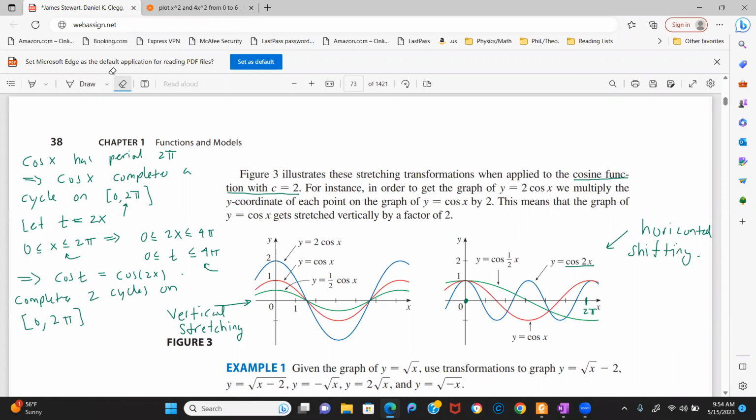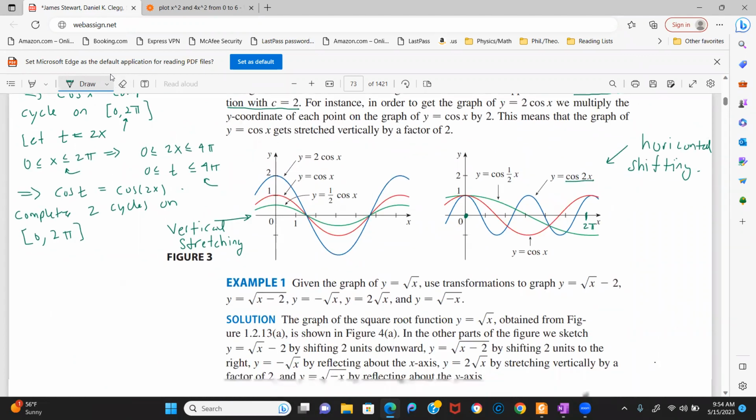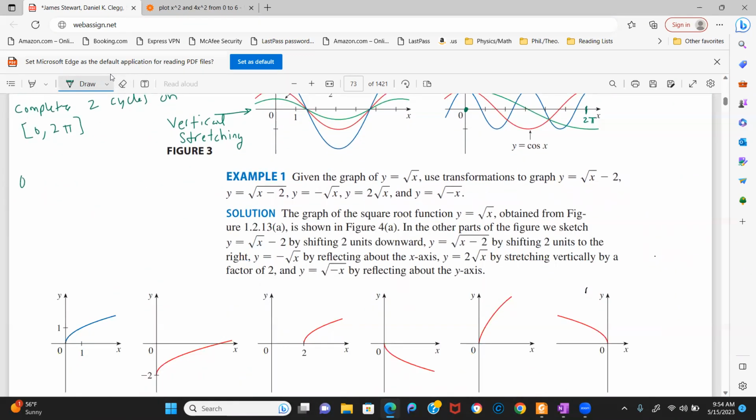Now when you do the other case, the 1/2: again, cosine x has a period of 2 pi. So when x goes from 0 to 2 pi, that implies that 1/2 x goes between 0 and pi. Let's call t 1/2 x now.